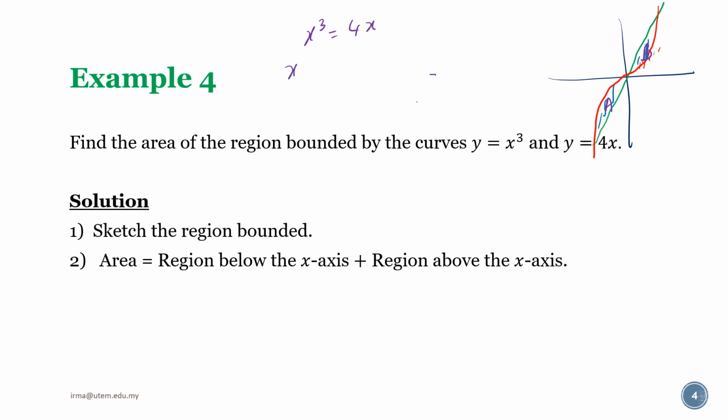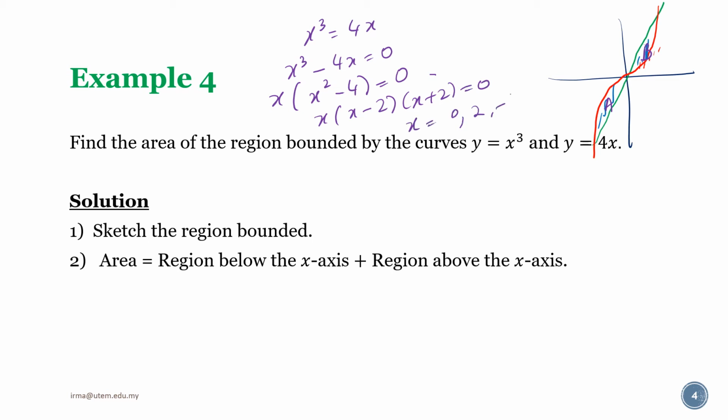Simplify this: x cubed minus 4x equal to 0. So I have x squared minus 4 equal to 0, so I will have x minus 2, x plus 2 equal to 0. So my x will be 0, 2, and negative 2.